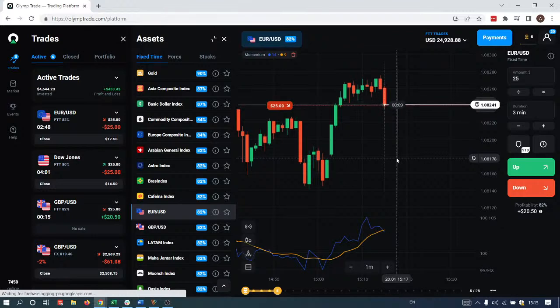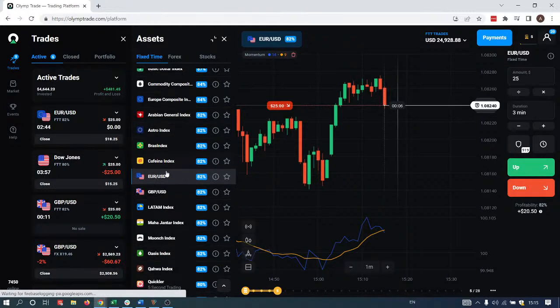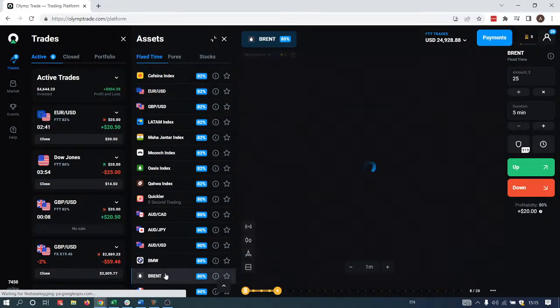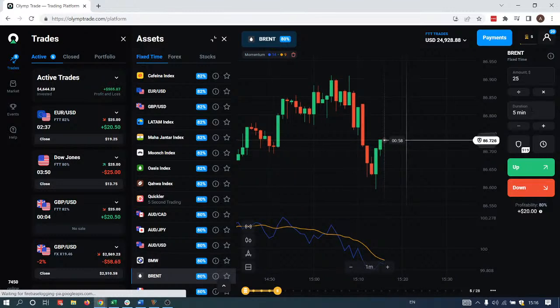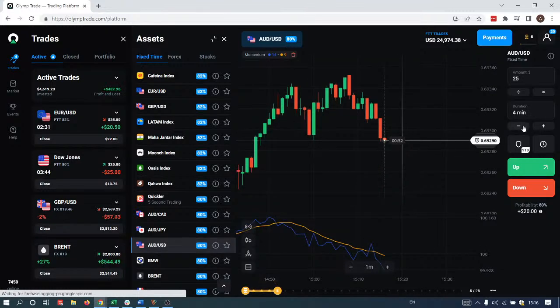Yeah, why 5-minute trades for Dow Jones? Yes, guys, I think this happened because I accidentally clicked Brent, and once you click Brent, your duration automatically turns into 5 minutes. And then if you want to go back to 3 minutes, it doesn't happen automatically. So you need to press this minus button a few times and go down to 3 minutes.